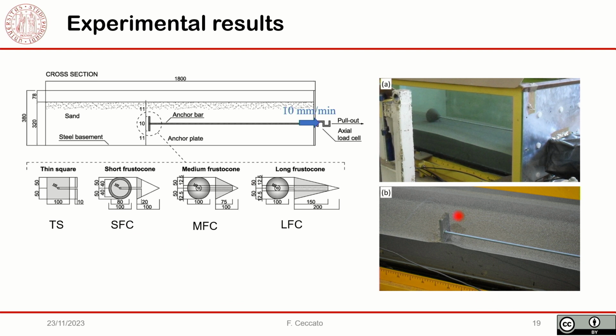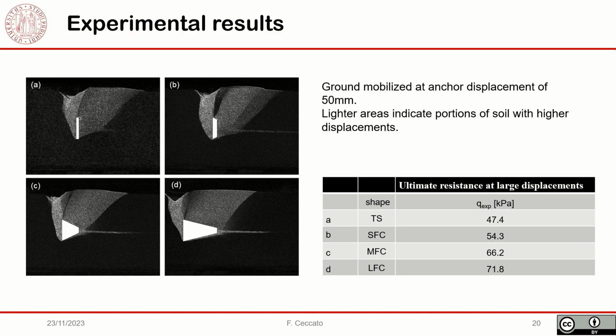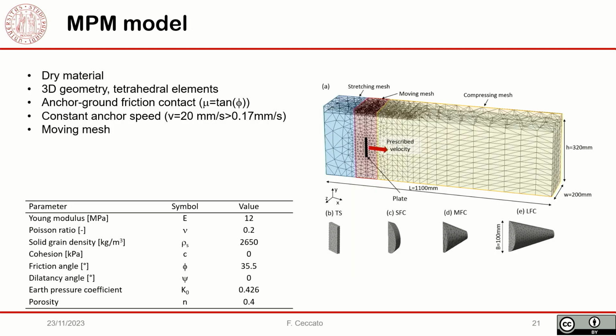Then there is also another set of experiments with the plate, half of the plate placed at the lateral boundary in order to evaluate the displacement of the soil. And here is a picture. This is grayscale. So the lighted areas are the areas of soil that actually displaced together with the movement of the plate, and we calculated the ultimate resistance.